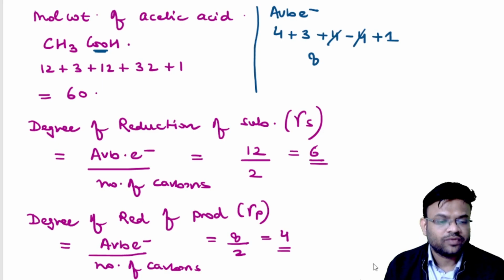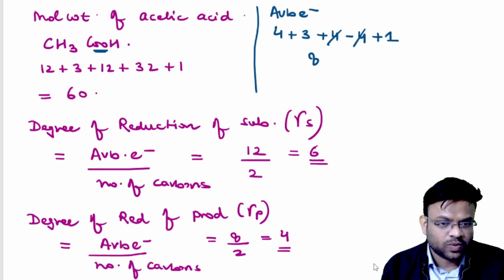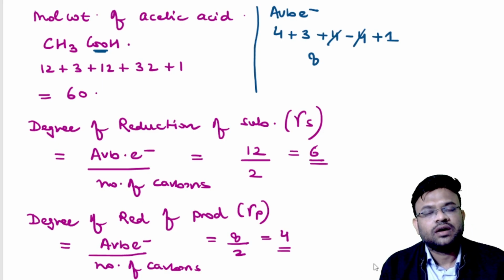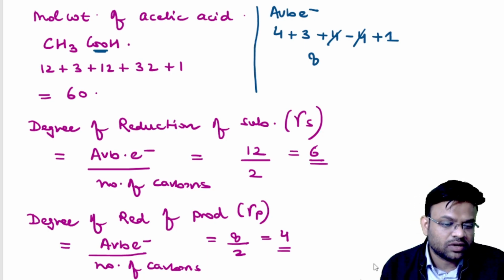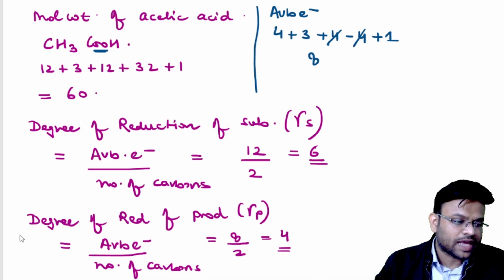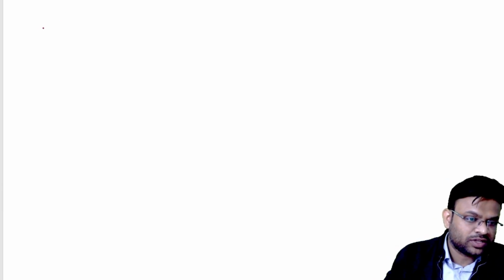Now we have achieved what we required in order to calculate the F max value. Now let me just put in all the values for calculating the F max. First of all, I'll have to add up one page also. So what was the formula for F max? Let me come back to the F max formula.